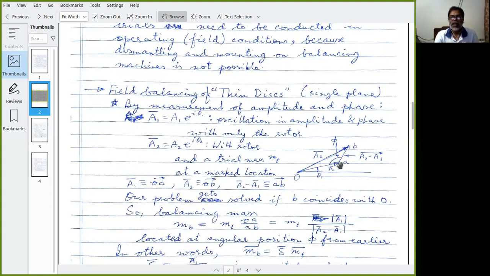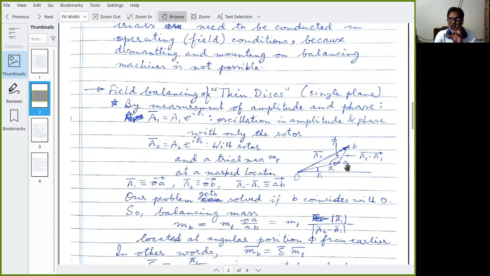So this is the magnitude of the unbalancing effect of the trial mass. You wanted it to be equal to AO, and you wanted it to be in the direction from A to O and not from A to B. So for that, you take the current trial mass and multiply it with OA by AB.